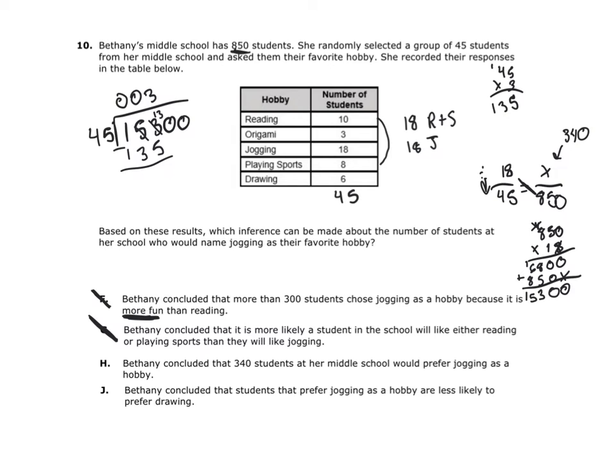We have to borrow. So 13 minus 5 is 8. 4 minus 3 is 1. Bring down the 0. Okay, let's try 45 times 4. We get 20, carry the 2. 16, 17, 18. We get 180 exactly, so this is 4. We get 0, bring down this 0. 45 goes into 0, 0 times. So x is 340 based on our calculation, so H is your answer.